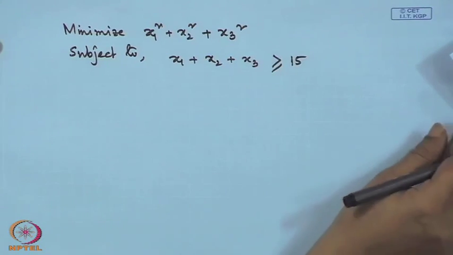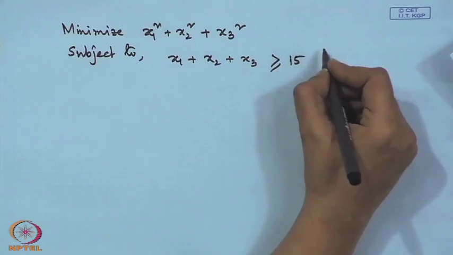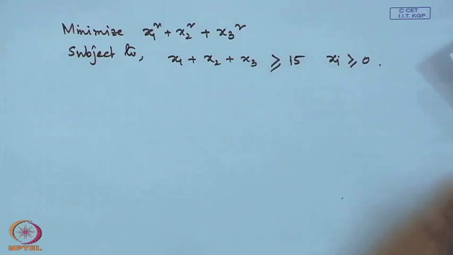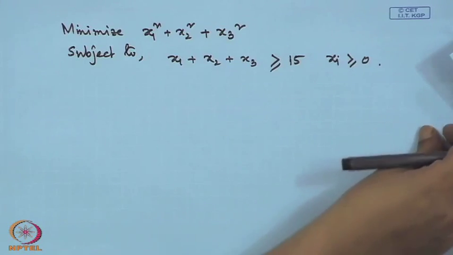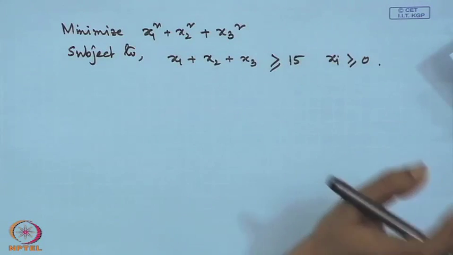There is no equality constraint, singularly additive constraints are only there, and these are not integers, these can be in the continuous space, so x1, x2 and x3 can take any real number.